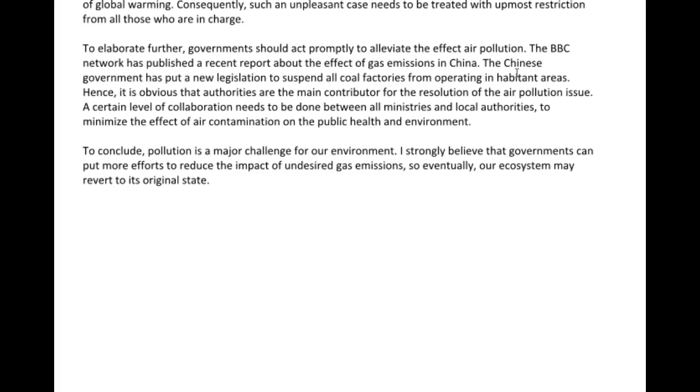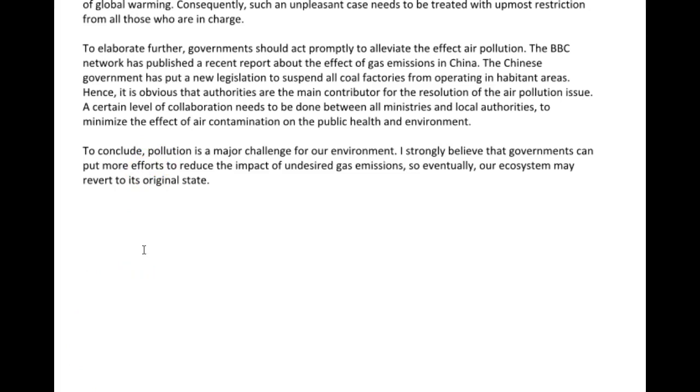A certain level of collaboration needs to be had. I'm not really sure about the verb here. How about this? A certain level of collaboration is required between all ministries and local authorities to minimize the effect of air contamination on the public health and environment. All right, that's fine.